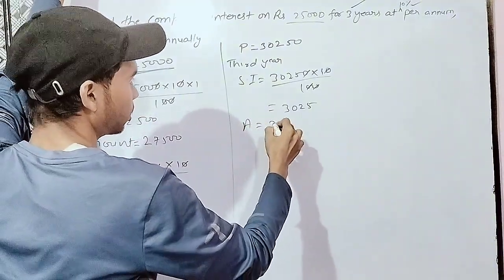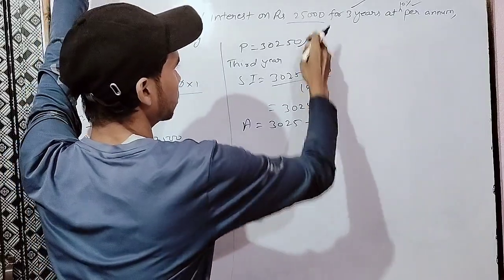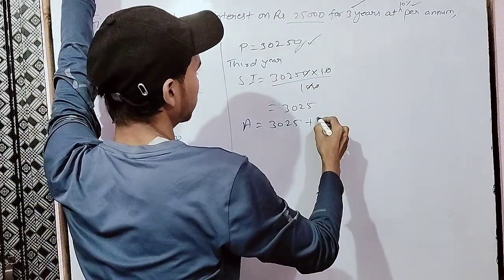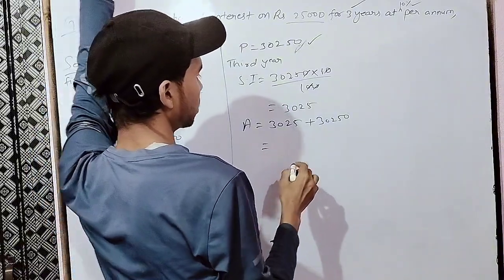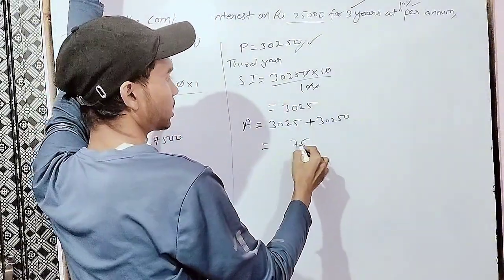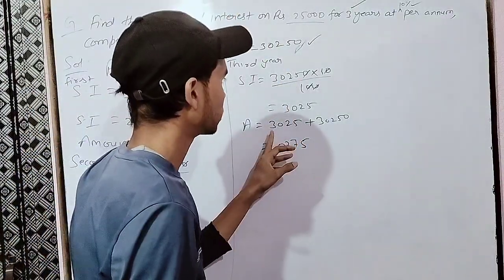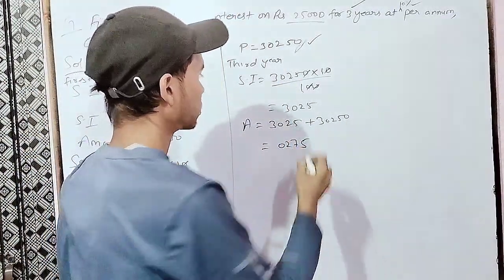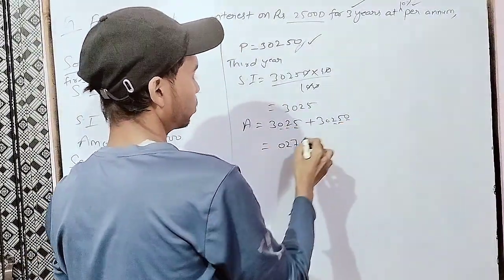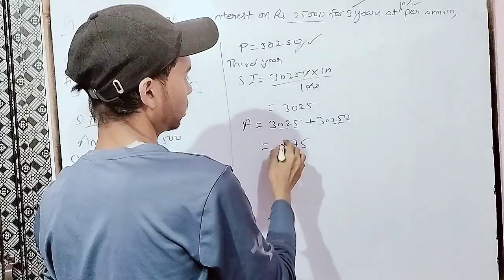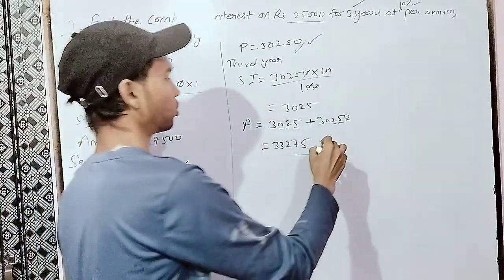For the amount, this will be added with the principal. Now this would be 3025, and here the amount would be 33,275 rupees.